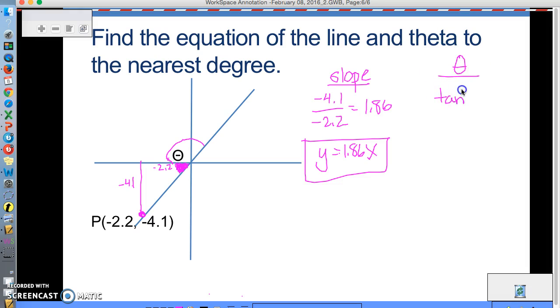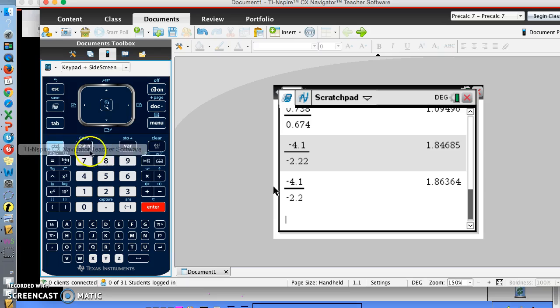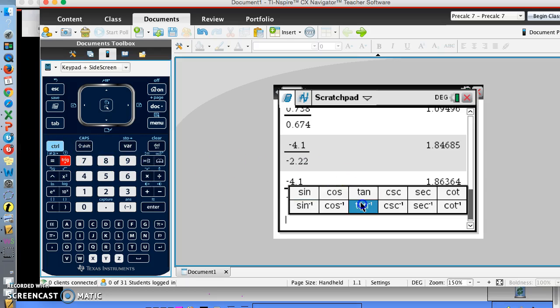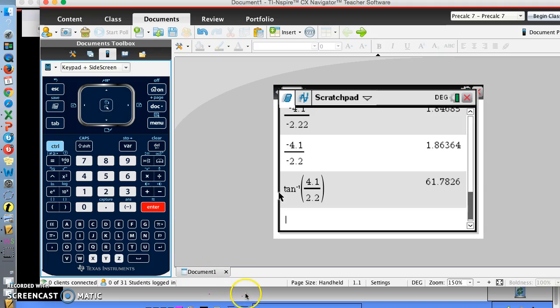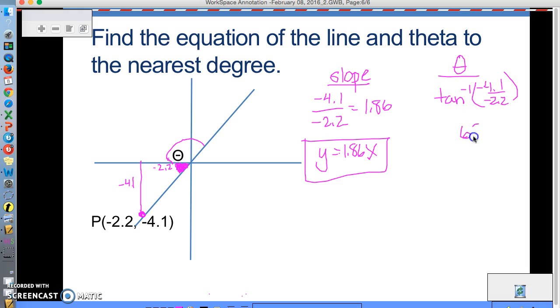So the inverse tangent of 4.1 over negative 2.2. That tells me that angle is 62 degrees.